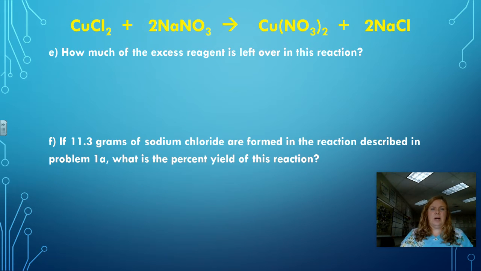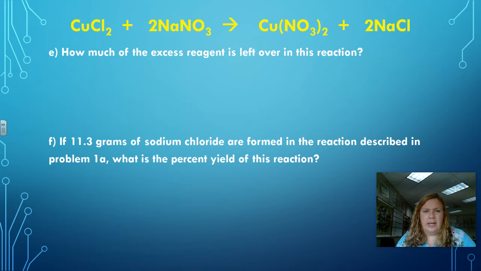So I go on to the next problem, and I want to say how much excess reagent is left over. And this is where you just got to follow your numbers and think logically here. Okay. Now, first off, we know that this is our excess. What we want to find out is how much excess that we have.